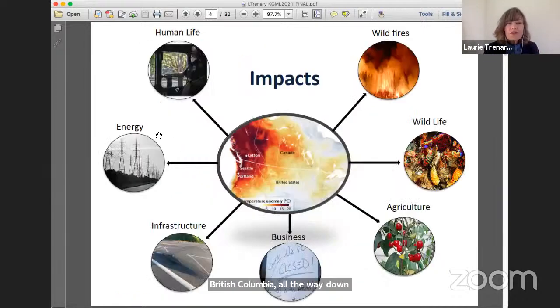Associated with this heat wave are impacts across many sectors of society, from human life to agriculture and wildfire. So if we can advance our capabilities to make accurate subseasonal predictions, we could minimize the cost of human life and also minimize the impacts to these other sectors of society.